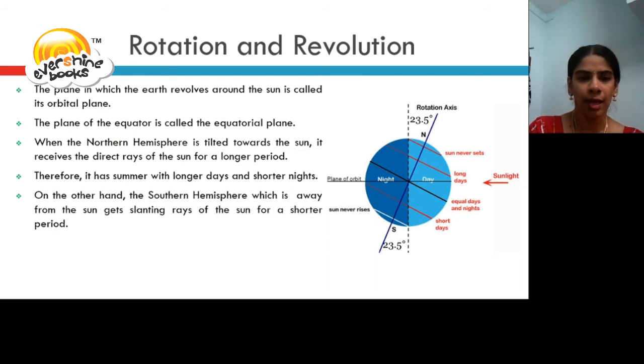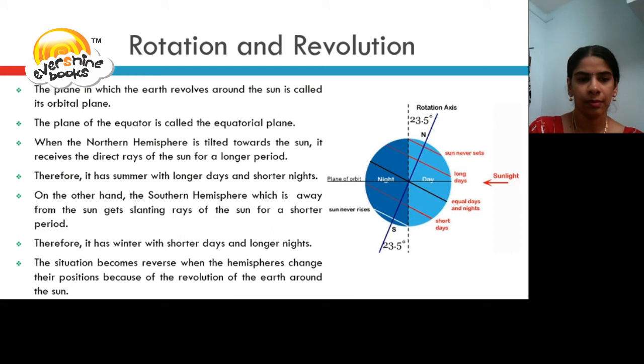On the other hand, the southern hemisphere, which is away from the sun, gets slanting rays of the sun for a shorter period. Therefore, it has winter with shorter days and longer nights. The situation reverses when the hemispheres change their position due to the revolution of the earth round the sun.